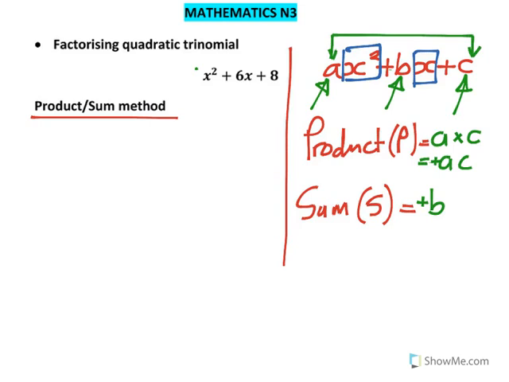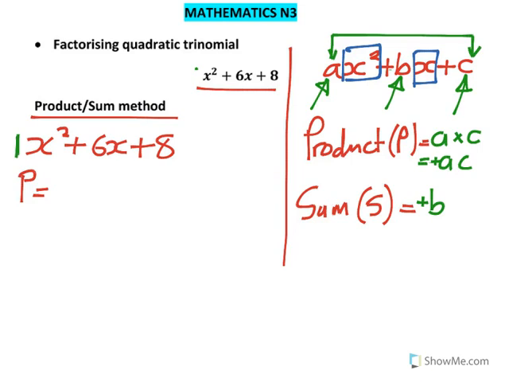Now, let us identify also our a, our b, and our c in the following trinomial. If you are given x squared plus 6x plus 8, and I say to you, find p, the product, what is the product? The product, remember, is the number you get when you multiply the coefficient of x squared, and you can't see any number there, it means it's a 1, as well as 8.